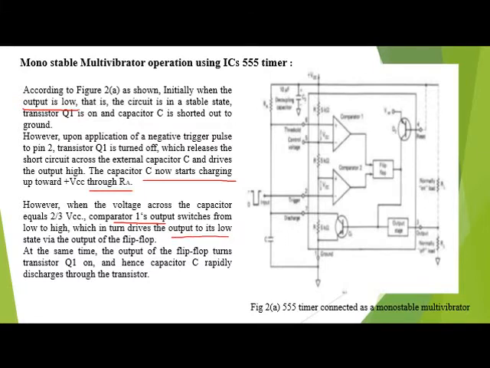The output of the flip flop is in its low state. At the same time, that output of the flip flop turns the transistor Q1 on, and the capacitor rapidly discharges through the transistor.